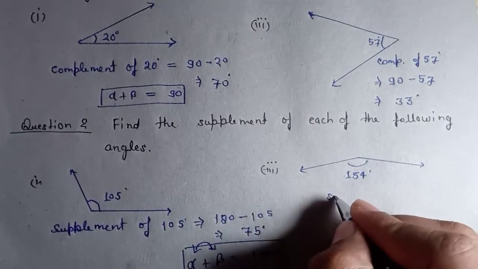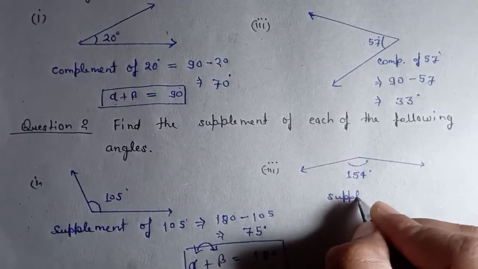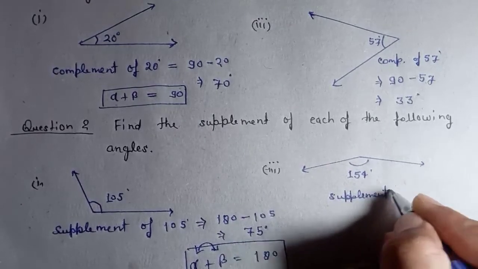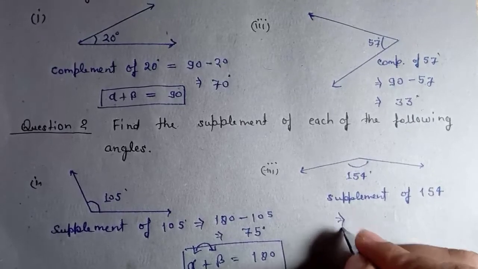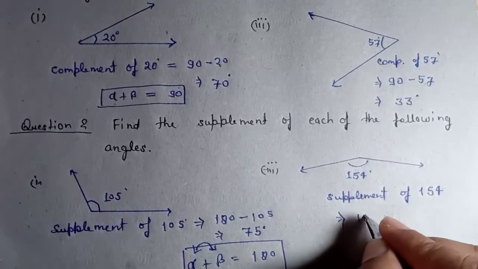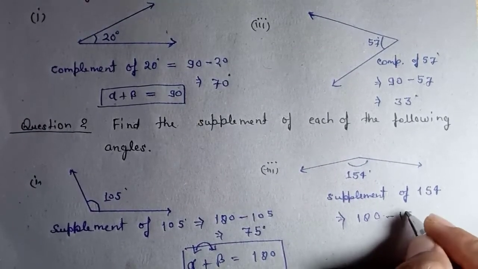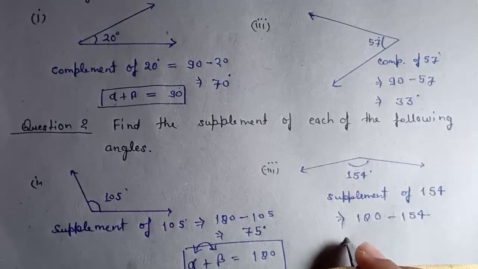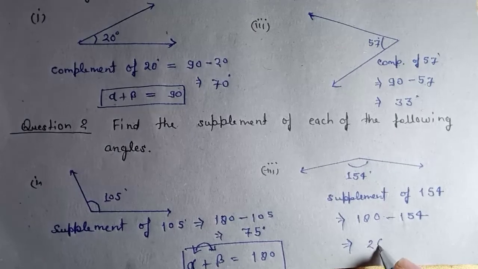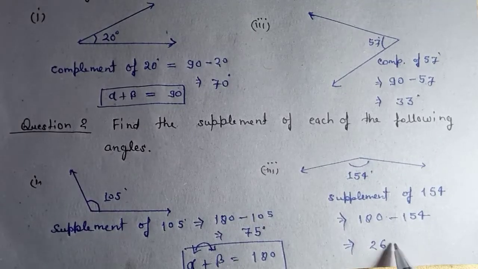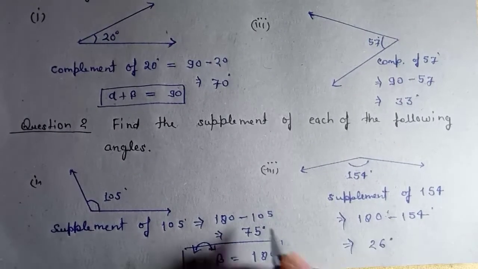So the supplement of 154 is equal to 180 minus 154, and our result is 26 degrees.